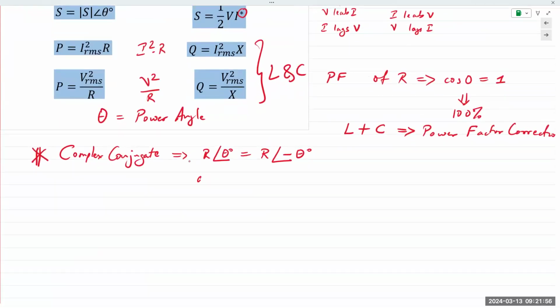In rectangular coordinates, if it's a plus jb, it becomes a minus jb.